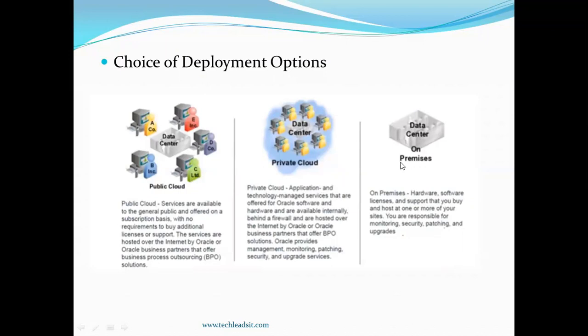Oracle just provides the application and support, and everything is maintained on-premise, like hardware, software licenses and support that you buy and host at one or more of your sites. Whatever we work with on the EBS application, we are very familiar with on-premise systems. We buy the application from Oracle, and they provide support for the application, and the hardware services and the DBA tasks, everything is maintained by the organization itself, in on-premise systems.